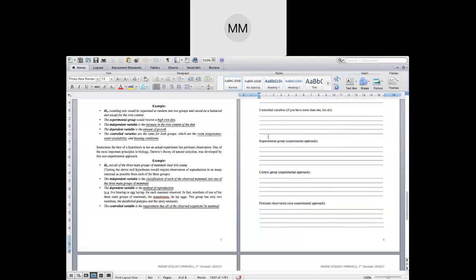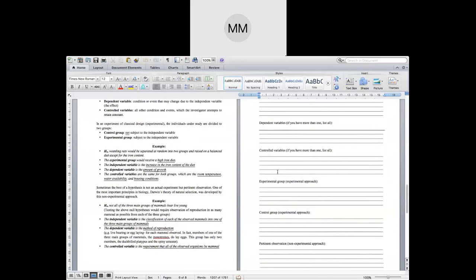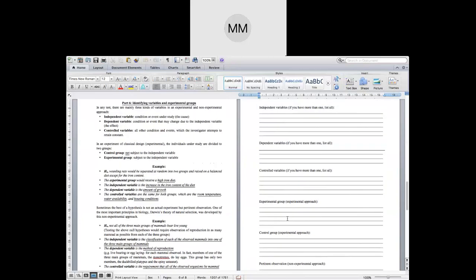So you don't need to do an experimental group and control group if your paper is about that. But if your paper is more into experimental designs, then you don't have to answer pertinent observation. Is that clear? Okay. All right. So, but otherwise, these three should still be applicable. Although it's not a control group, there might be some control variables.